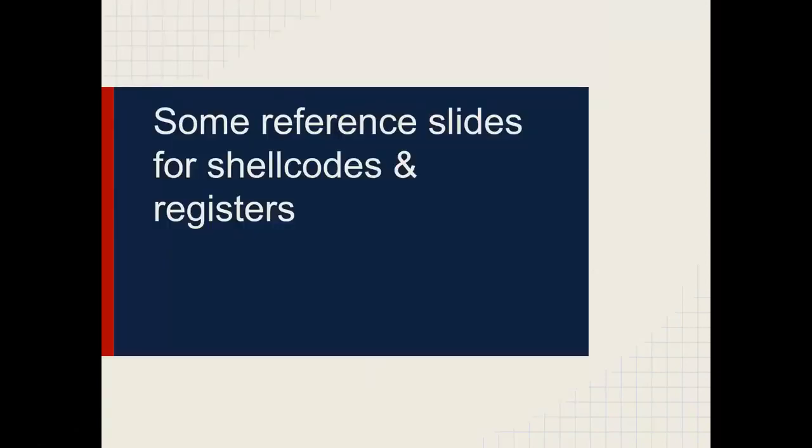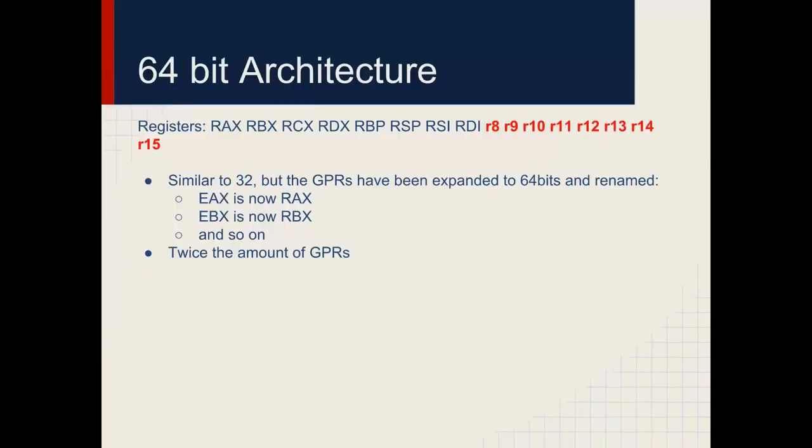So before we dive into the rest of the lecture, let's go over some reference slides for shellcode and registers and also process memory space. In 64-bit architecture, instead of EAX, EBX, ECX, everything starts with R, and then there's even more general purpose registers, R8 through R15.